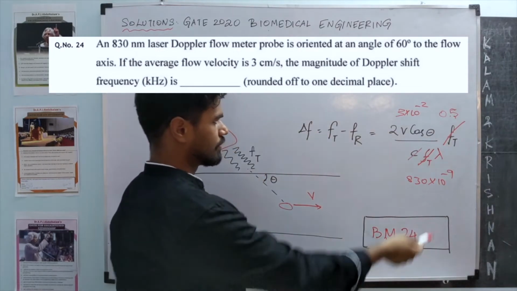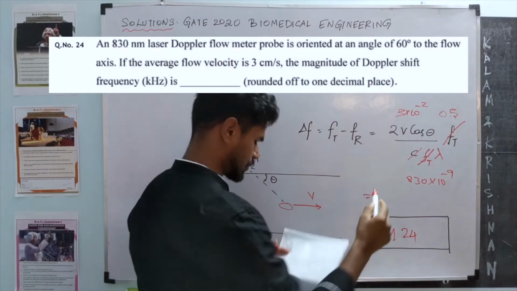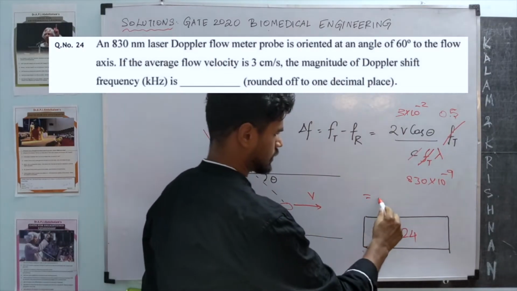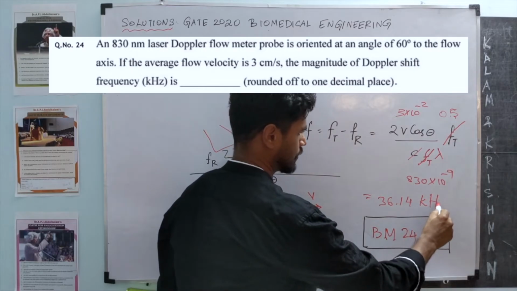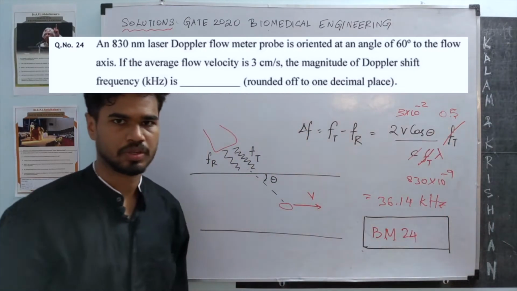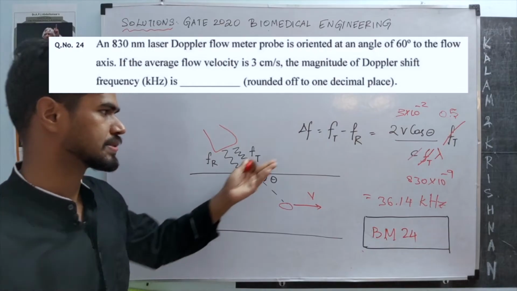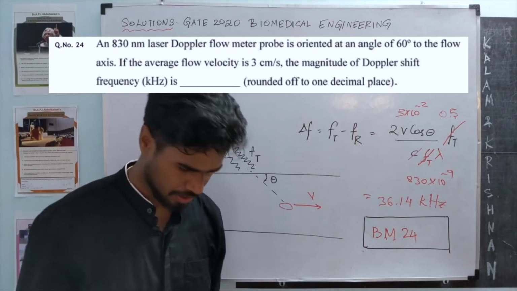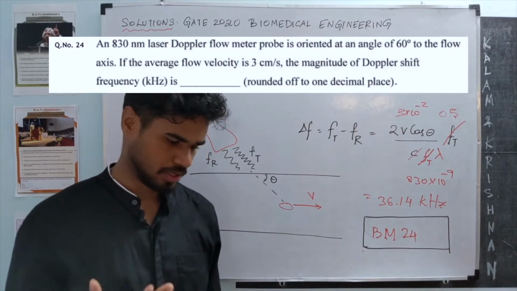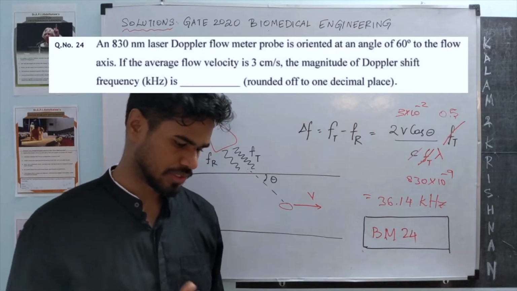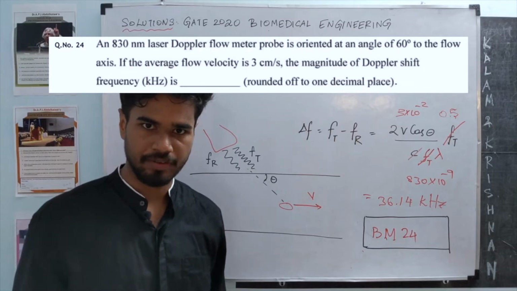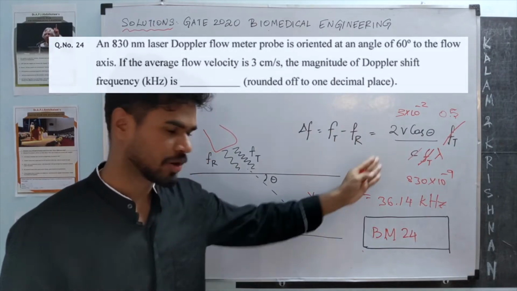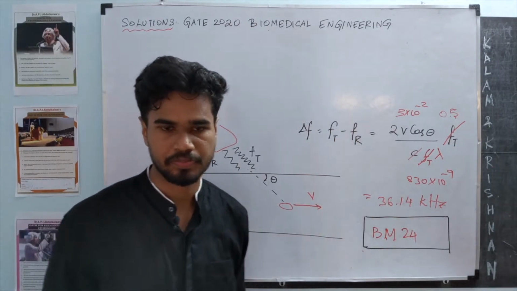And if we calculate this expression, it comes down to 36.14 kilohertz. Yes, this is a formula based question, but Doppler ultrasound and Doppler based systems are very important, very significant. It's a good idea to remember a couple of formulas based on that.